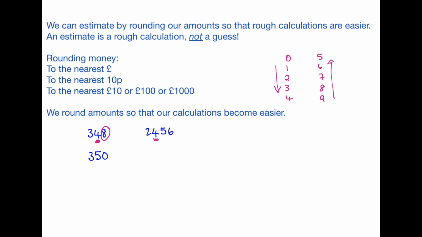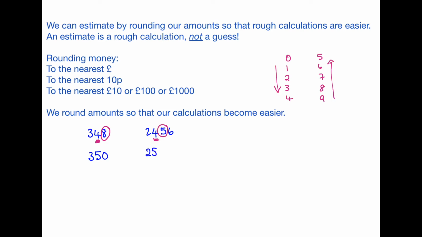That's the hundreds digit. If we're rounding to the nearest 100, then we look at the 5. The 6 has got nothing to do with our rounding. We look at the 5, and because the 5 is in this list, like the 8 was before, we round up. So this 4 here changes to a 5. So we get 2, 5.